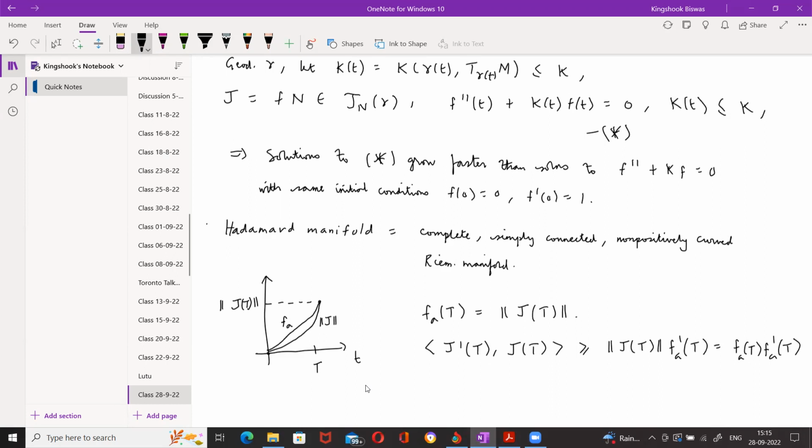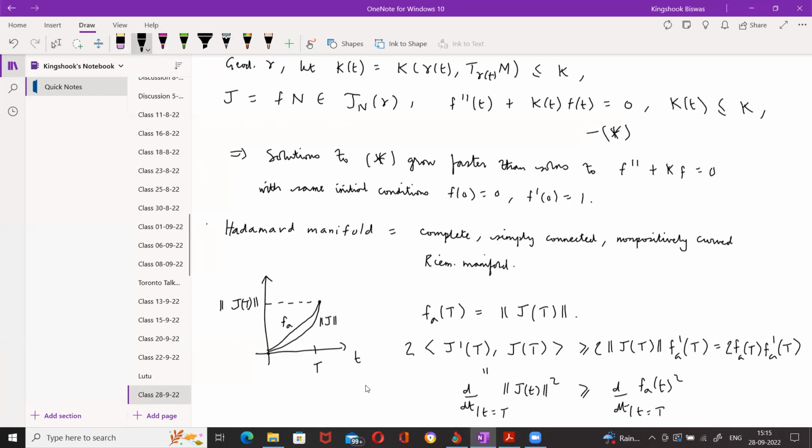So if I multiply by a 2 on both sides, then this is just d/dt at t equal to T of norm J(t) squared, right? Yes. And this is d/dt at t equal to capital T of FA squared, right? Yes. And that you can see in this graph here.